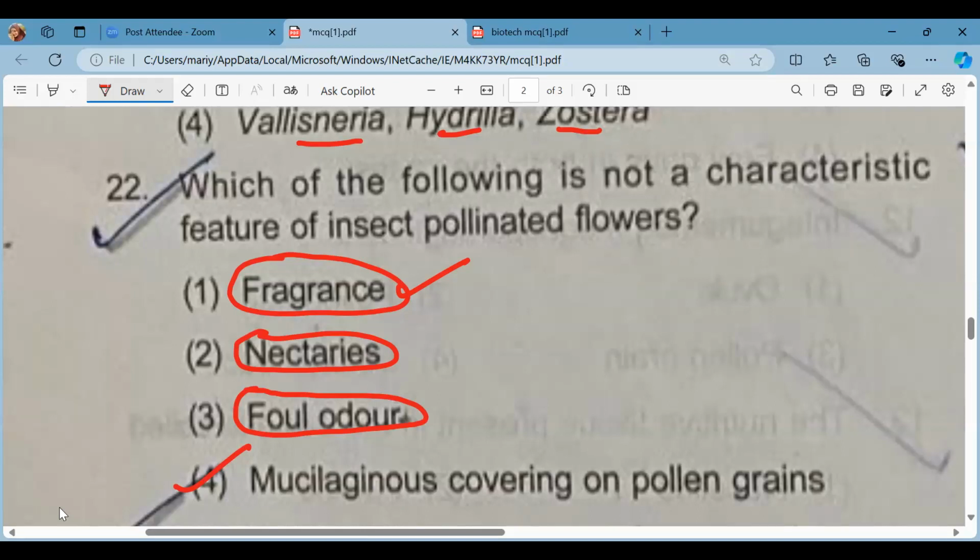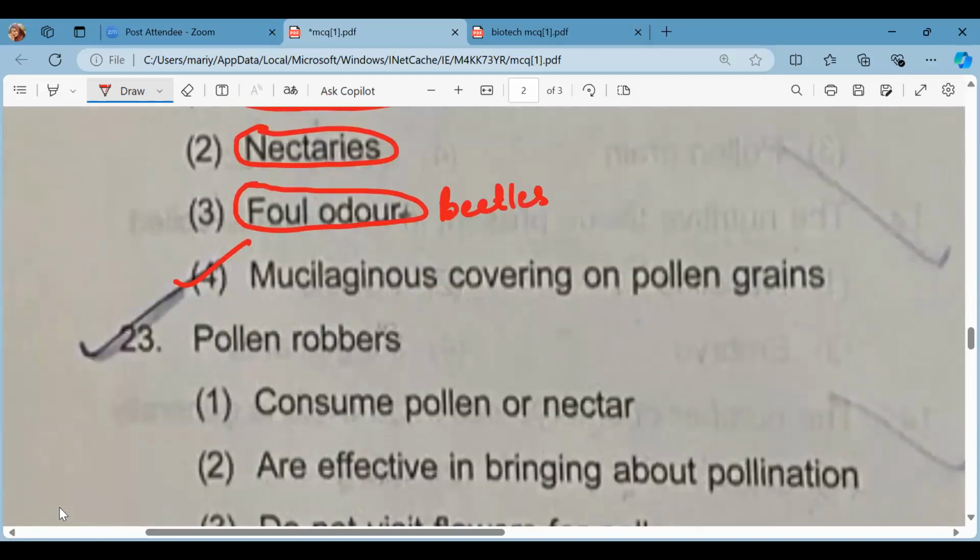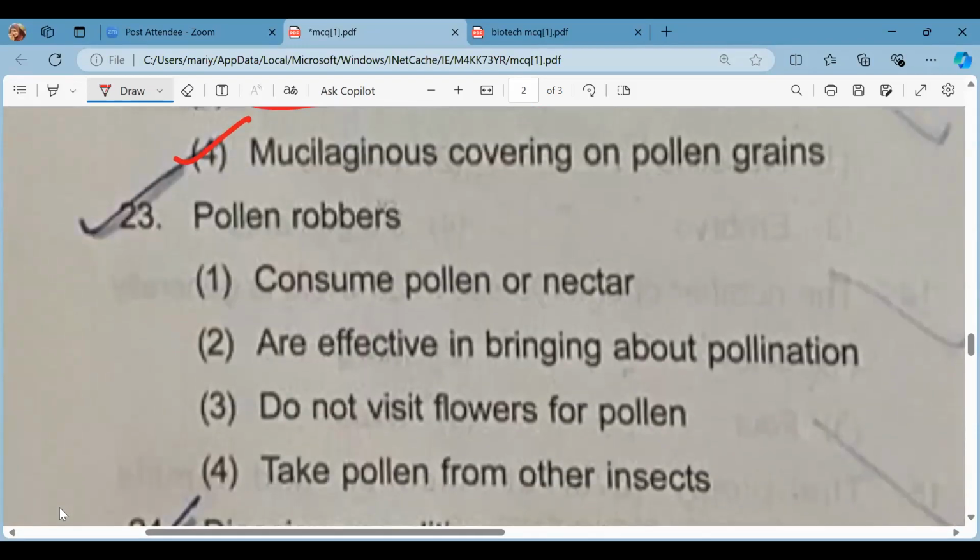Also to attract the insect. See, the foul odors are usually there for attracting the beetles, because the beetles do not like the fragrance, they like the foul odor. Yes, all right.